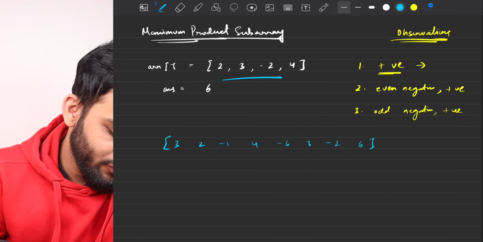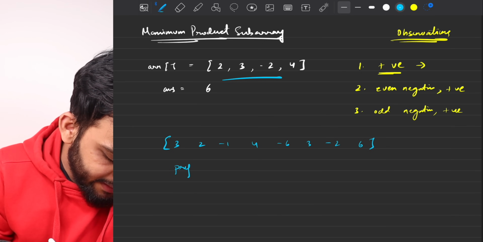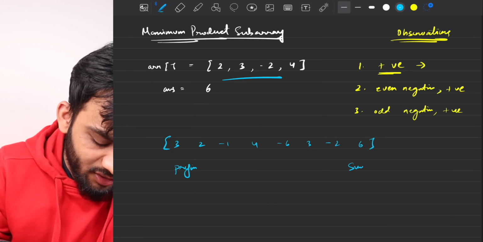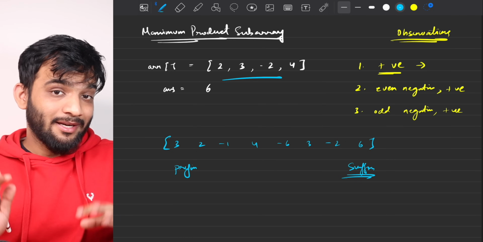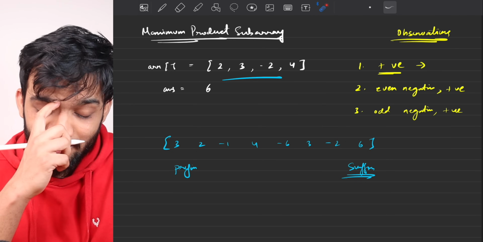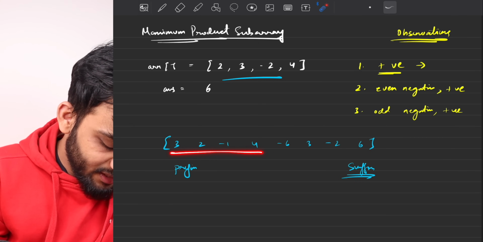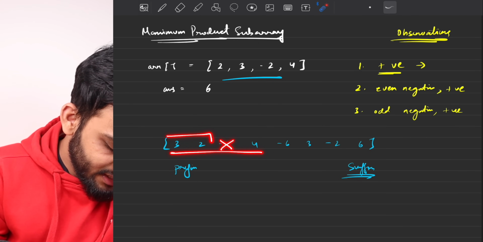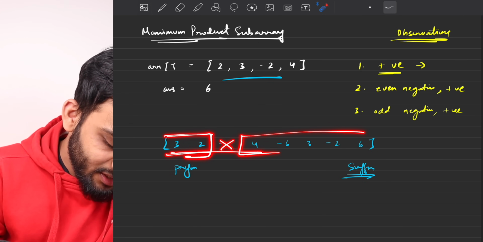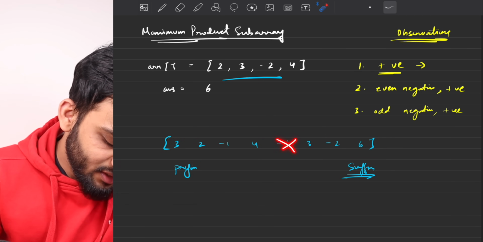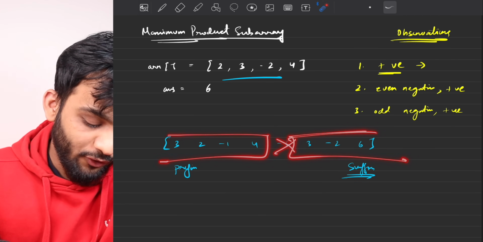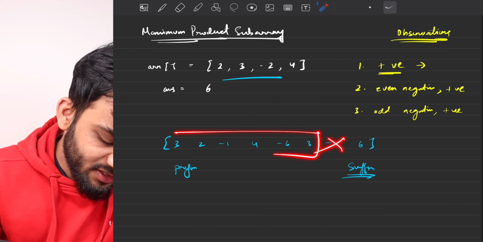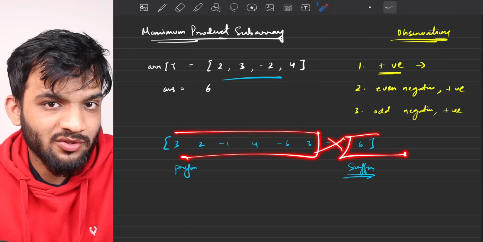So something to observe. Whatever you are taking, it is either prefix or it's either suffix. I think I'm correct. Let's have an observation again. If you avoid this, it's either prefix or it's either suffix.